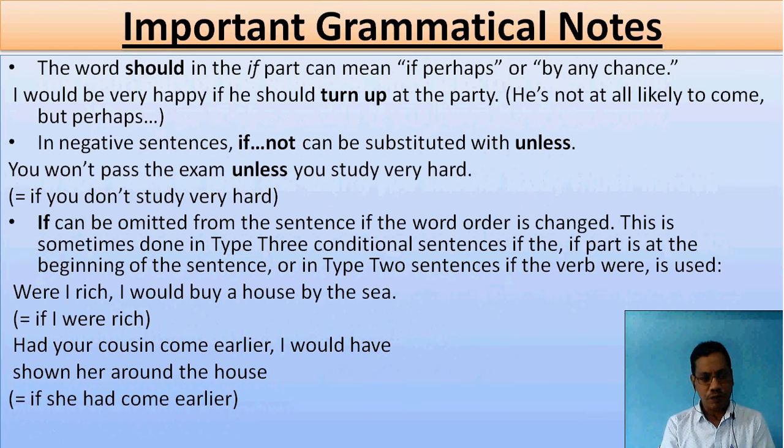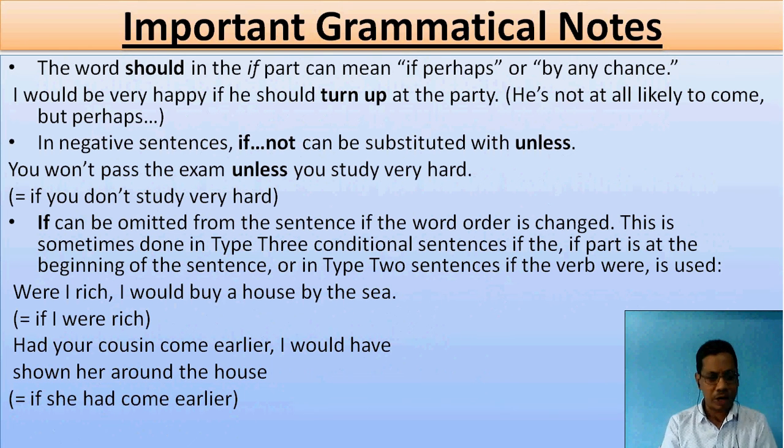So if can be omitted from the sentence if the word order is changed. This is sometimes done in type 3 conditional sentences, if the if part is at the beginning of the sentence, or in type 2 conditional sentences, if the verb were is used. Were I rich, I would buy a house by the sea.